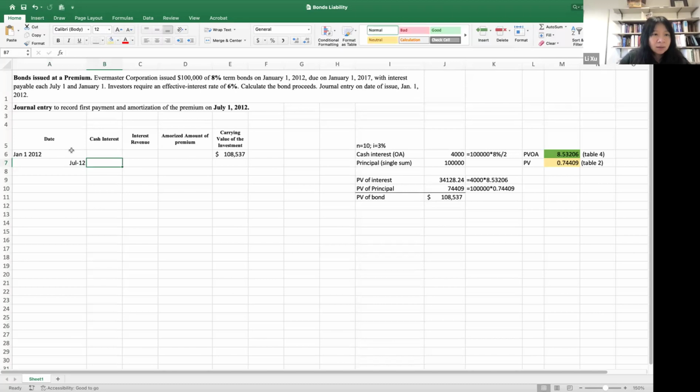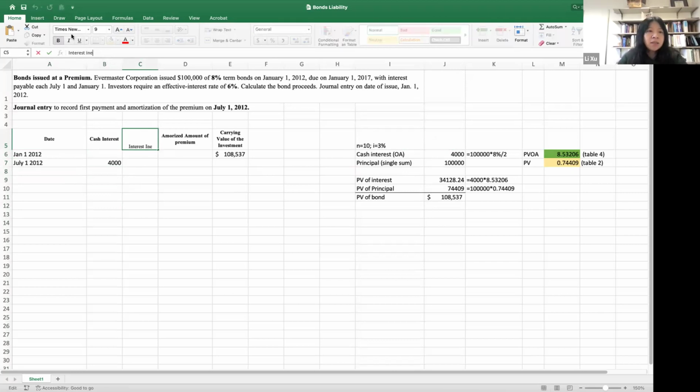July 1st, 2012. It's a different format. July 1st, 2012. Cash interest is 4,000. Here it's not going to be interest revenue. Actually, it should be the interest expense because we're writing the journal entry for the liability.